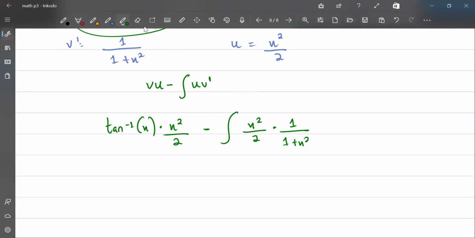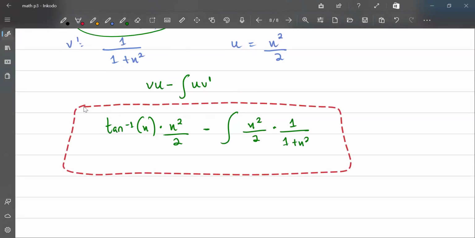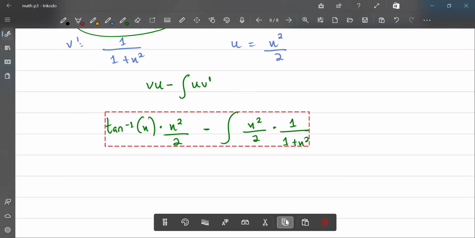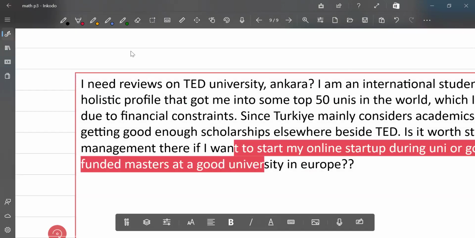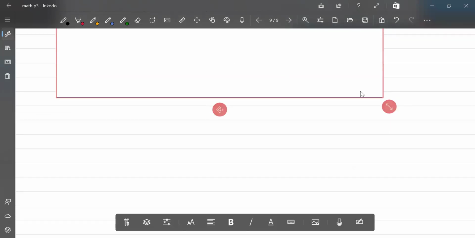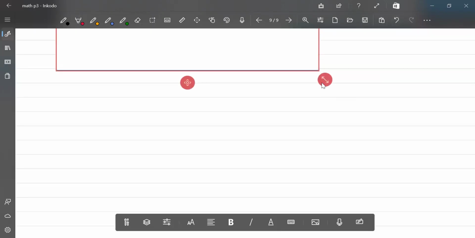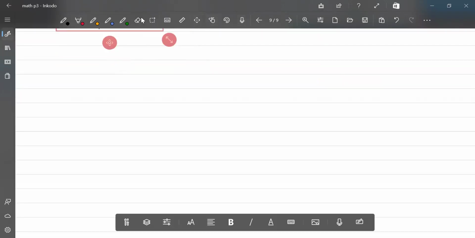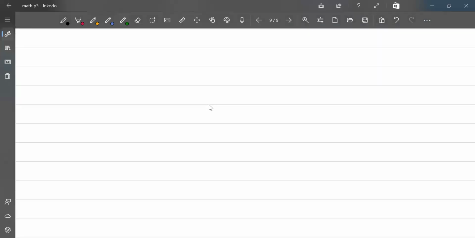So let's do this on a fresh page because we are running out of space here. Let's just write it again.